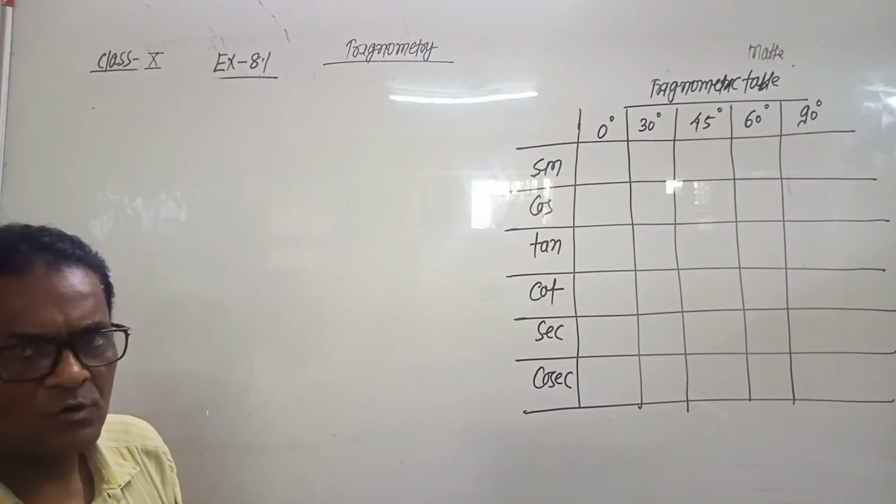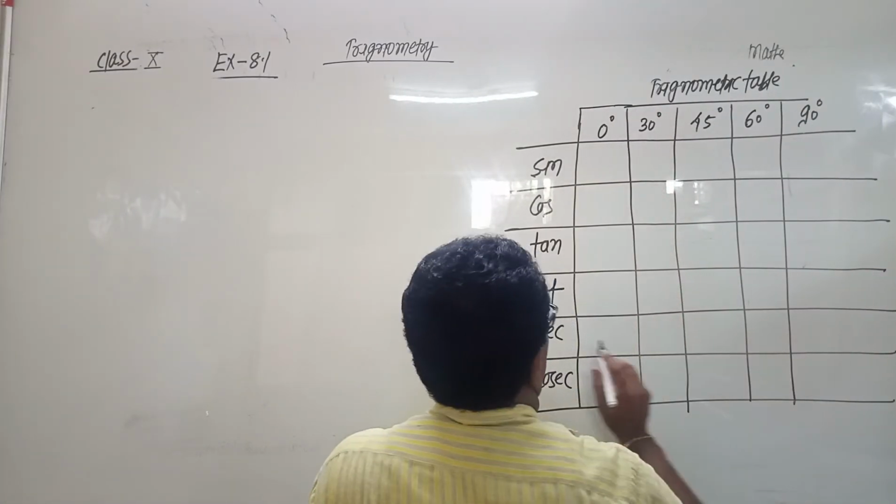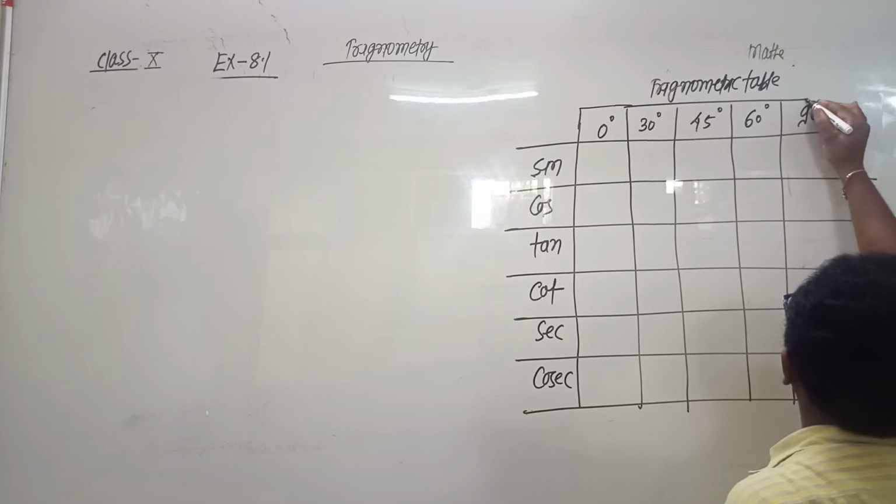So, how to make the trigonometric table?